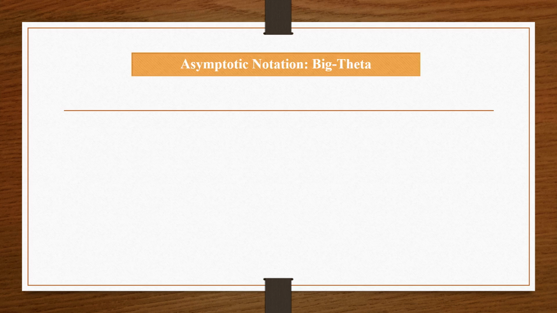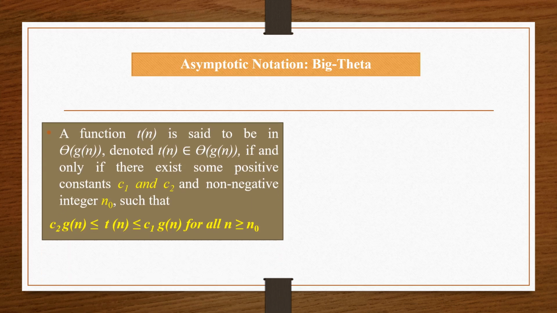And next comes the formula for big theta, with a similar type of definition. The condition here is that t of n should be between two functions, c1 into g of n and c2 into g of n.